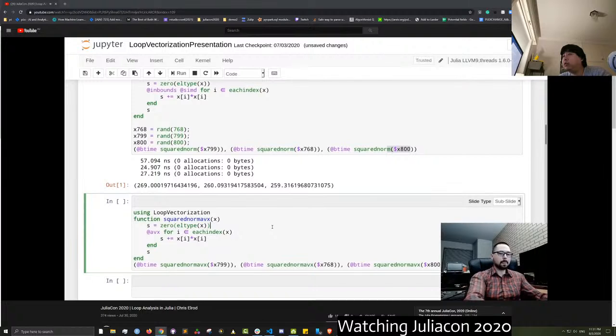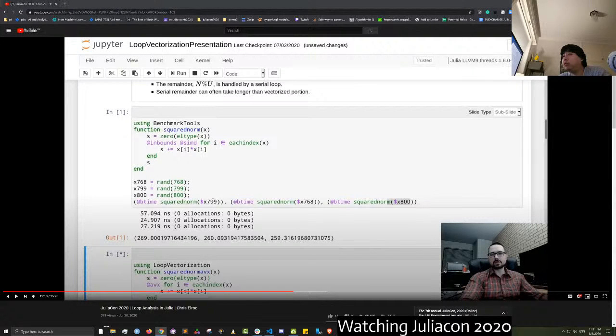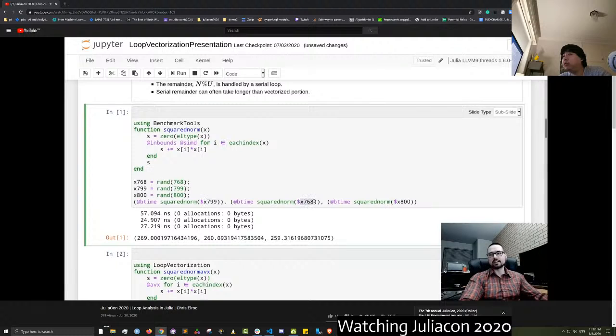And we can see that it takes over twice as long to do 799 elements as it does to do 768 or 800.